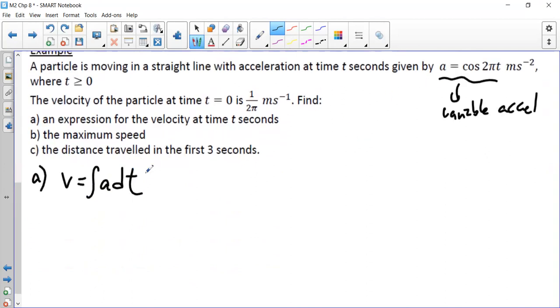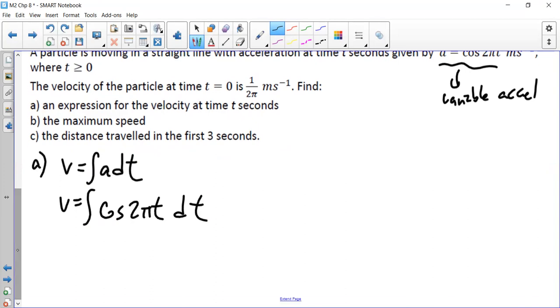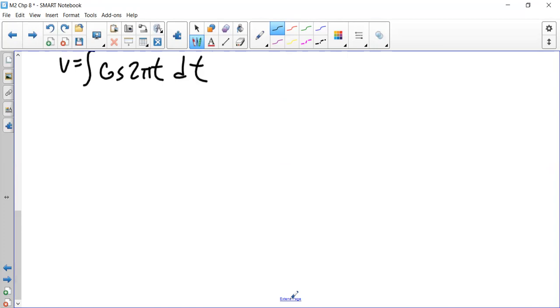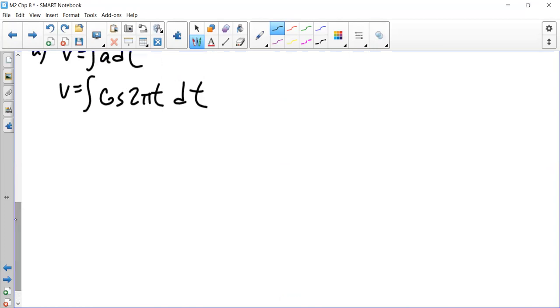I'm given acceleration, so I'm going to use v equals the integral of a dt. So I need to integrate cos 2πt dt. To integrate cos 2πt, you will need reverse chain rule. I'm not going to go through how to do reverse chain rule because you should have done this in the integration chapter.